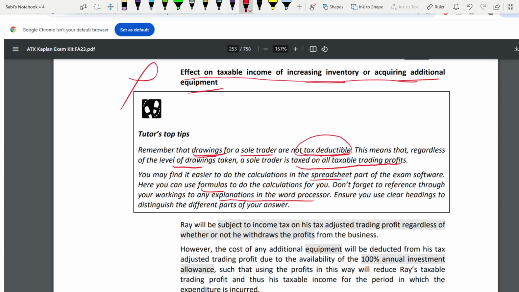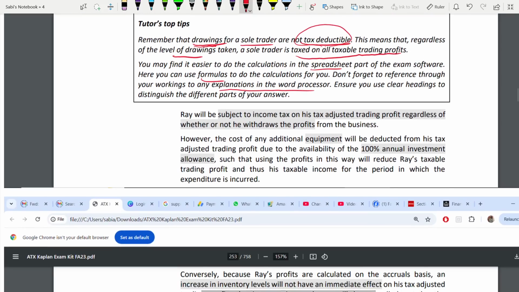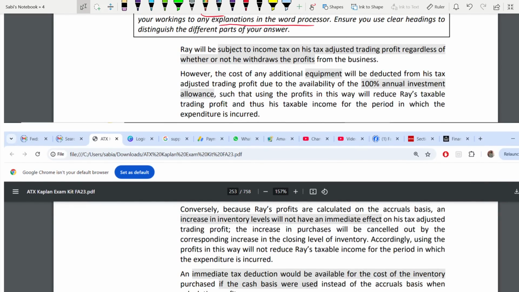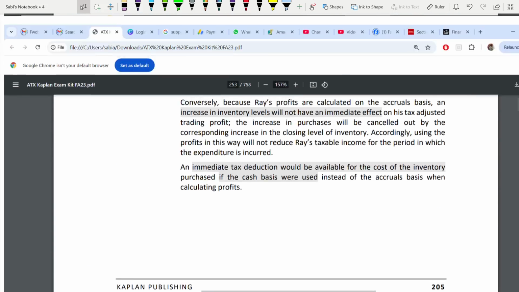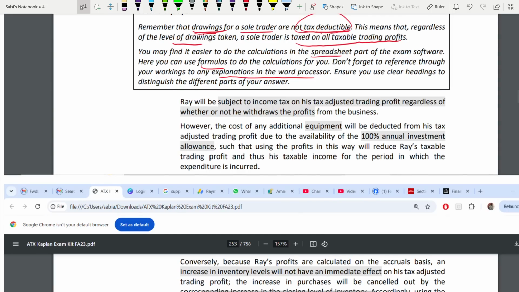Now, how are you going to answer this question? See, the answers in highlighted text are the ones which need to be in your answer. First of all, you have to tell about drawings. When you withdraw the profit, what is the impact? That is the first paragraph.